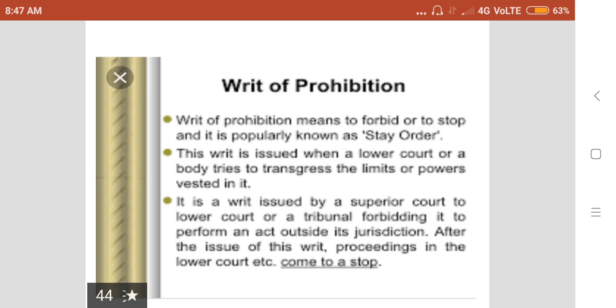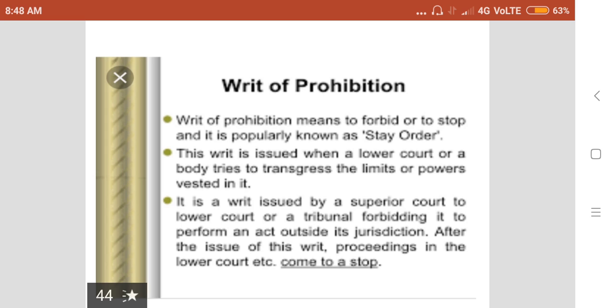Writ of prohibition. Prohibition means to forbid or to stop, and it is particularly known as a stay order. This writ is issued when a lower court or a body tries to transgress the limits or powers vested in it. It is a writ issued by a superior court to the lower court or a tribunal forbidding it to perform an act outside its jurisdiction.